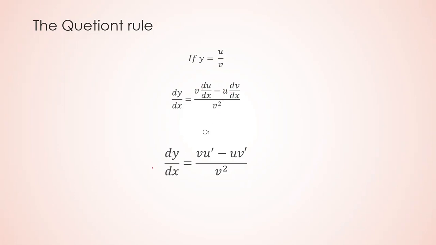Or we may write it like this: dy/dx equals v times the derivative of u minus u times the derivative of v, over v squared. Here u is an expression or a function, and v is an algebraic expression or function.